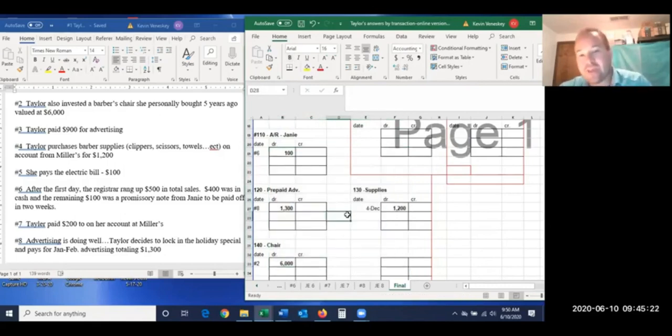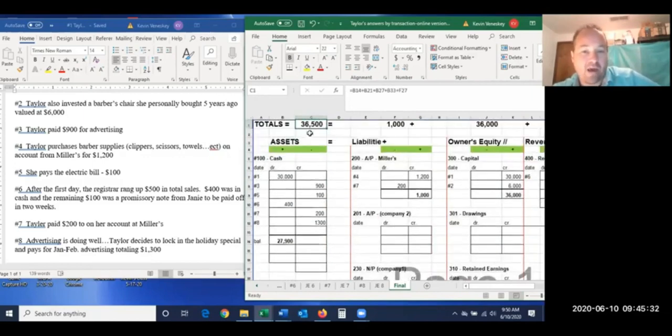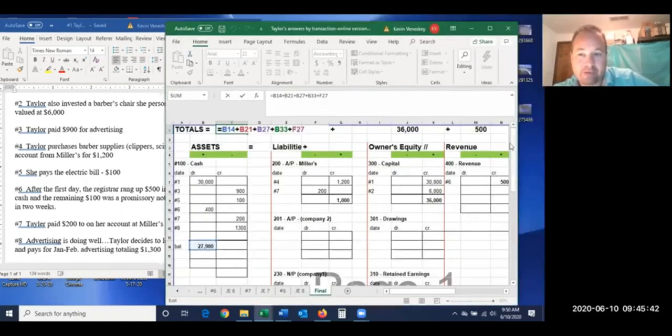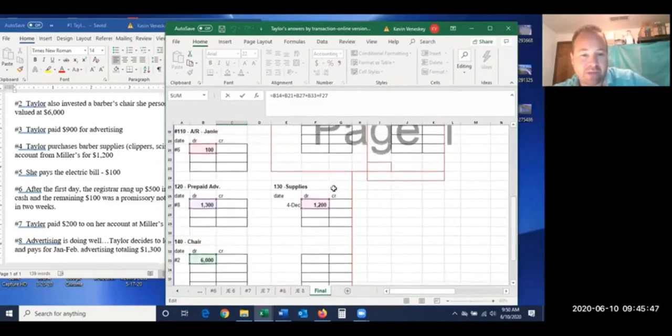So once I have everything added up in a particular column, like the assets, and remember the assets kind of come down and over right here, then I want to go through and add up each of the totals. So what I did is I said, okay, let's equals this total, and then let's add in all my other balances, and they should all be debits.